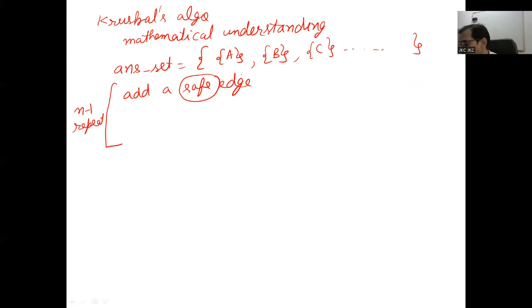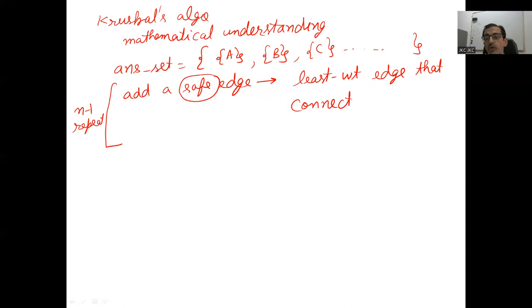So what is a safe edge? A safe edge is a least weight edge. In the case of Kruskal's algo, the safe edge has a slightly different meaning; in the case of Prim's, it will be different. It is a least weight edge that connects two distinct components of the answer set.